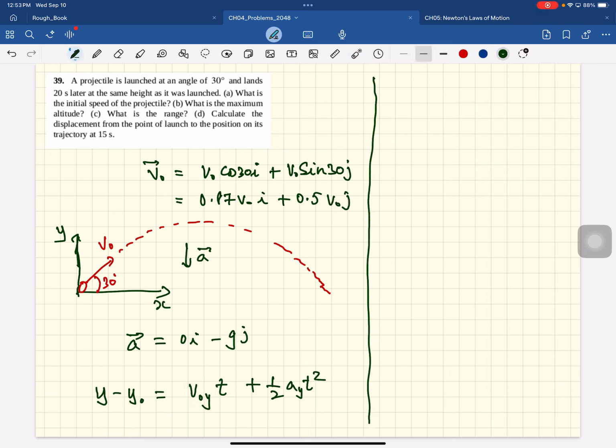So 0 minus 0, I'll just write 0. 0 equals v0y, which is 0.5 v0, times 20 seconds, minus 1/2 times 9.8 times 20 seconds squared. So there is your initial speed. So 10 v0 equals 4.9 times 20 squared, which is 400.